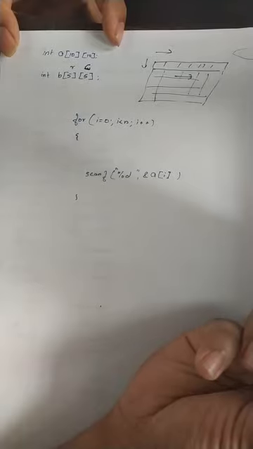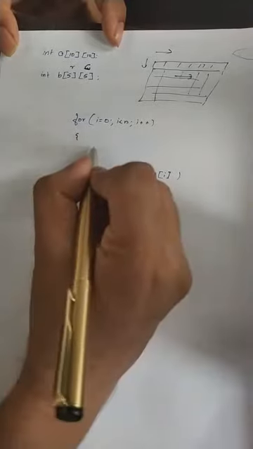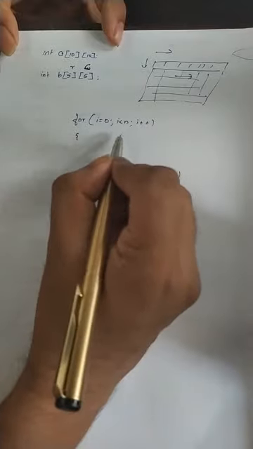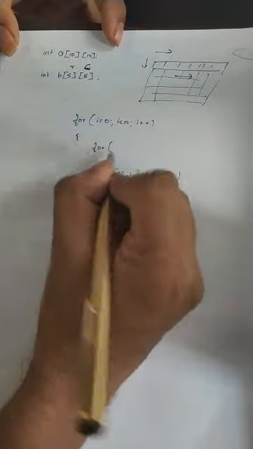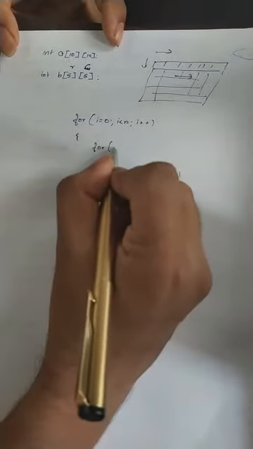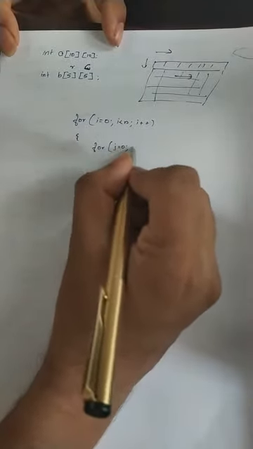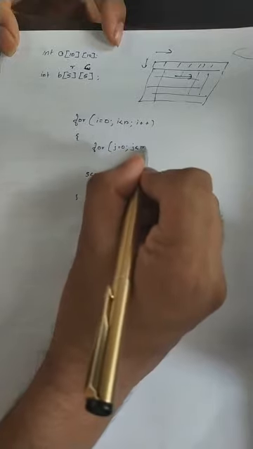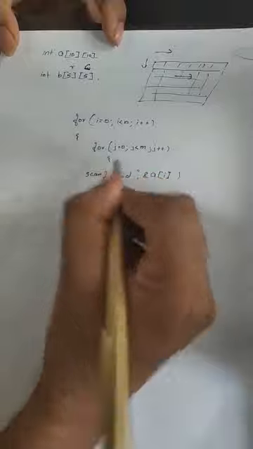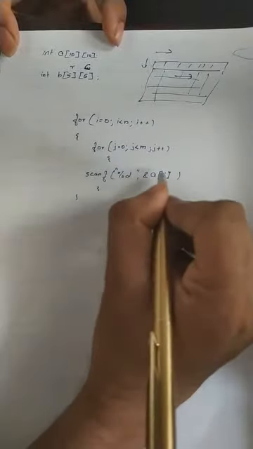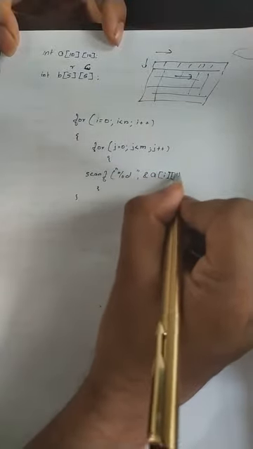But since this is a two-dimensional array, I'll write for i equal to 0, i less than n, i plus plus. I'll write another for loop, for j equal to 0, j less than m, j plus plus. And in scanf, I will write a[i][j].